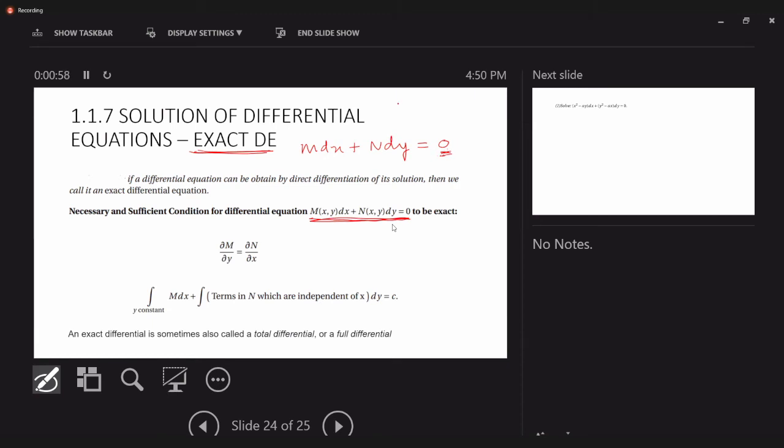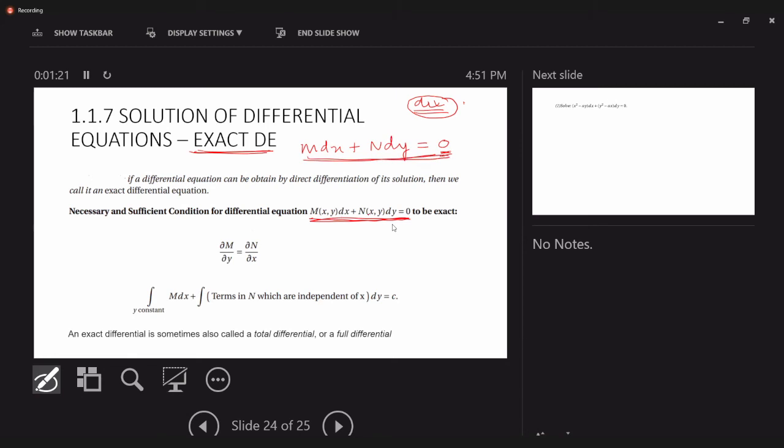That means this left hand side part, we can express it as some du, where u is some function of x and y, and especially this du is equal to 0. This is the special part. If it is not equal to 0, then this particular differential equation will not be exact. Okay. So you just note this.